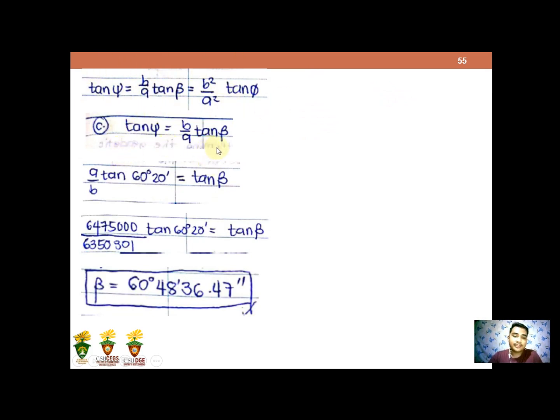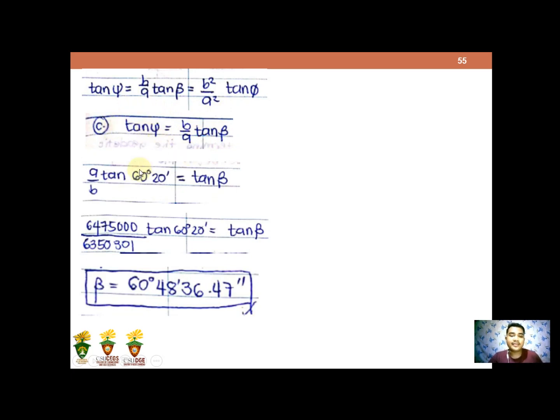So in terms of reduced and geocentric, we can have this formula: tangent geocentric is equals to B over A tangent reduced latitude. Since we are looking for the reduced latitude, we transpose B over A to the tangent geocentric.